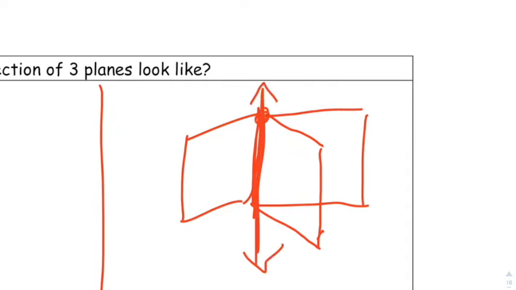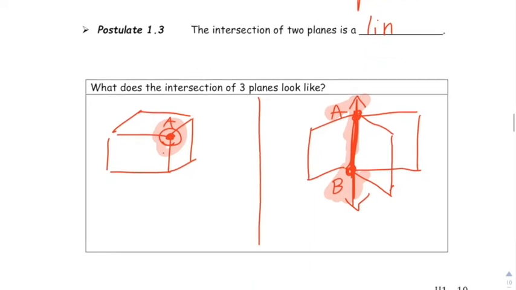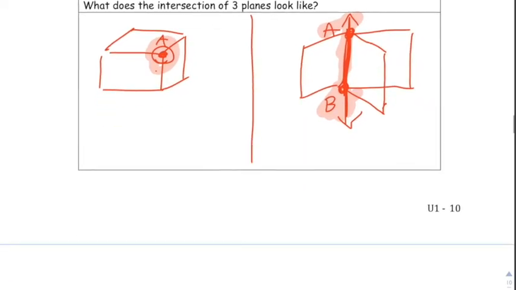We could call it line AB. Be careful, some teachers get kind of picky. If you're going to draw this, they want to see that they intersect at a line, so make sure you write out your line AB. Make sure you verify with your teacher on that.